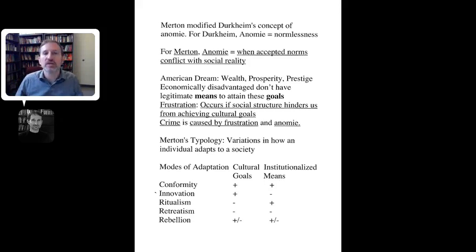I'd like you to know that innovation and innovators are the ones Merton most associated with crime. Okay? And that is because they agree with the cultural goals. They say the American dream is good. This is a plus sign here, right? American dream good. But they don't have the institutionalized means to achieve it.